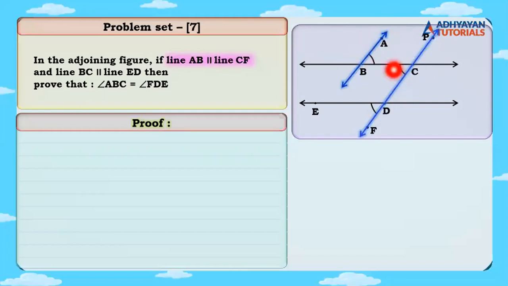It is Z. Z मतलब कौन से type का angles होता है? Alternate. So, if the lines are parallel, children, the alternate angles are congruent, equal. That means, can I state that angle B is equal to angle C? Right? Alternate angles theorem.